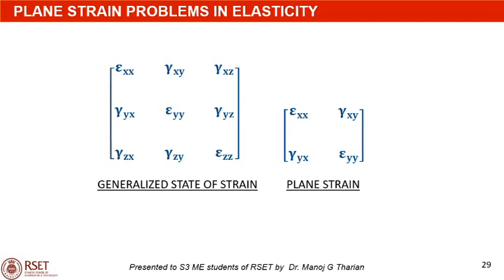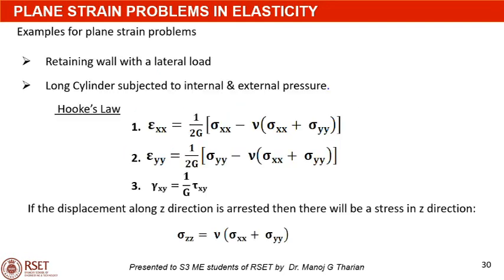So this is a plane strain problem. The examples for plane strain problems are retaining wall with a lateral load. Dams are a classical example for plane strain problems. Another example is a long cylinder subjected to internal and external pressure.